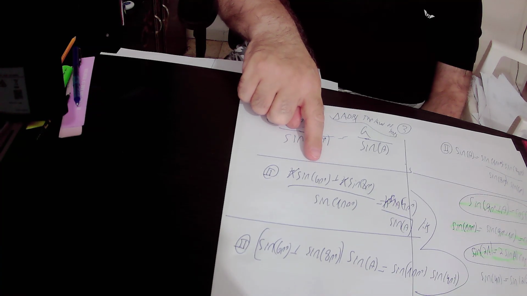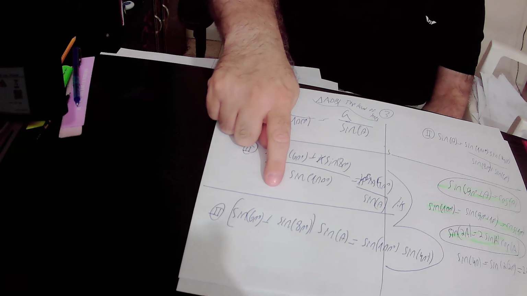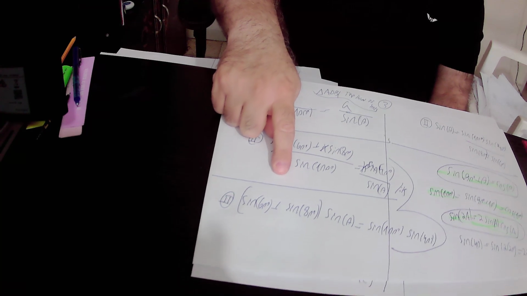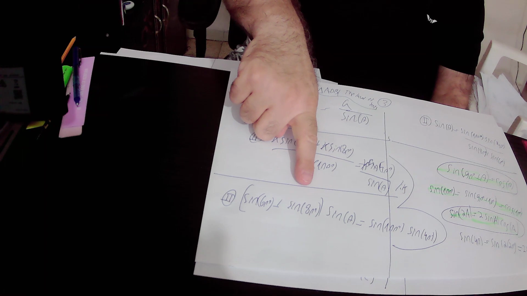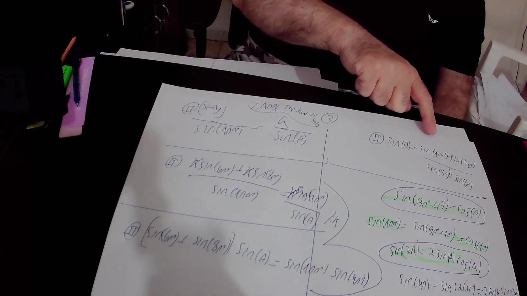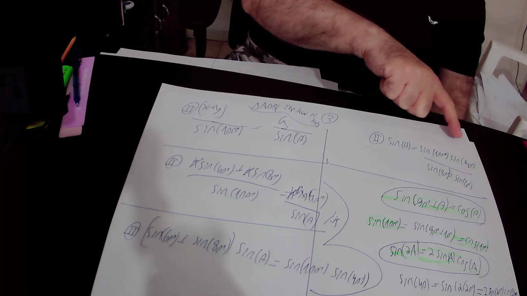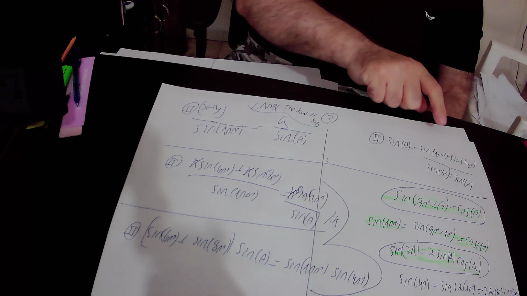Then we multiplied equation number 2, and we got to this equation. Then we divided this equation by sine 60 degrees plus sine 80 degrees, and we found out that sine theta equals (sine 100 degrees times sine 40 degrees) over (sine 80 degrees plus sine 60 degrees).